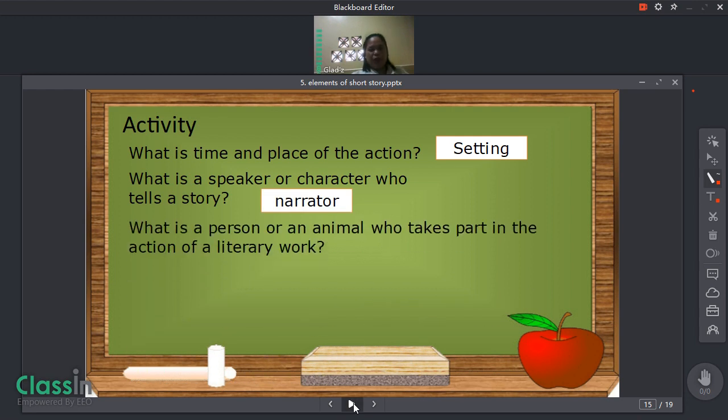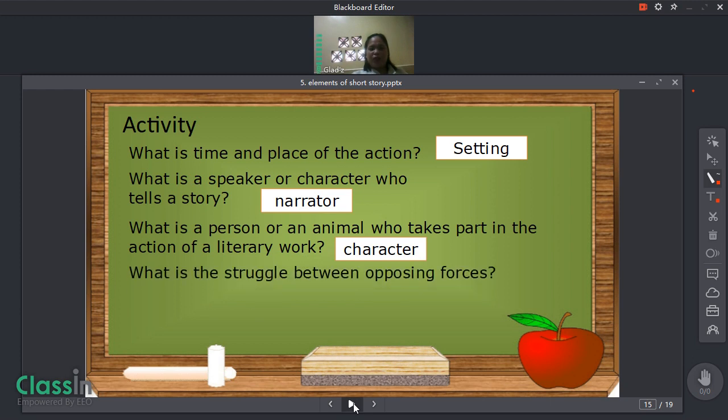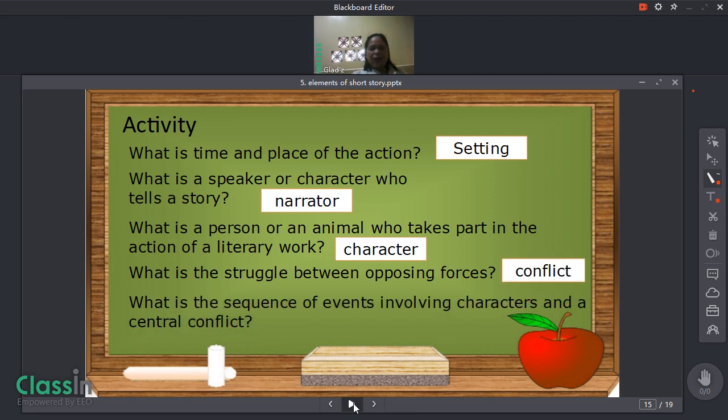Next, what is a person or animal who takes part in the action of a literary work? This is a character. And what is the struggle between opposing forces? This is a conflict. And what is the sequence of events involving characters and a central conflict? This is now a plot.